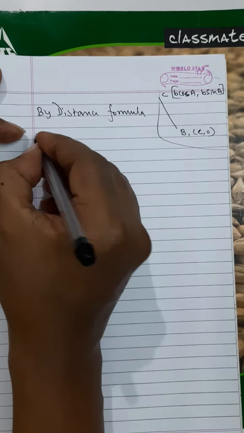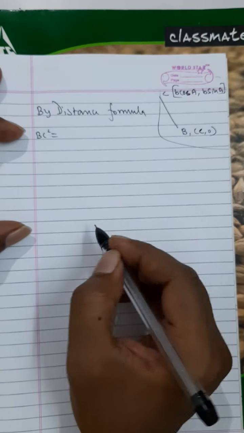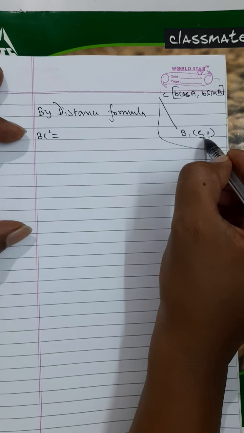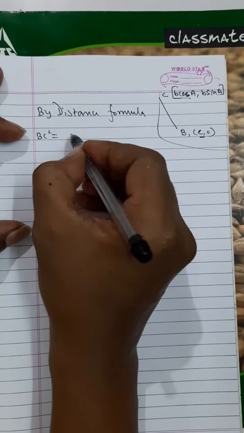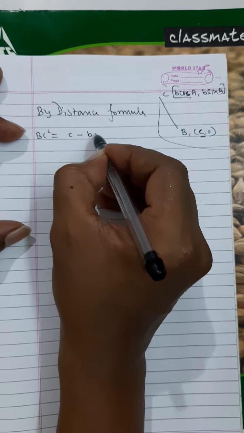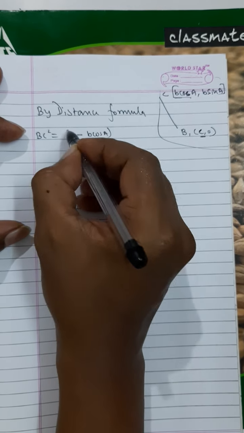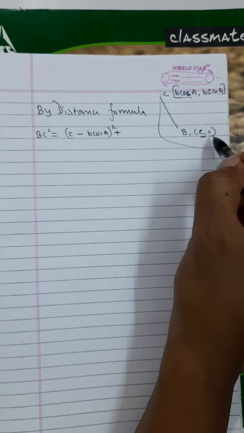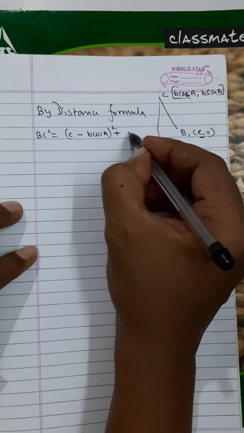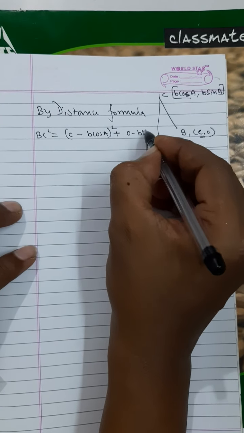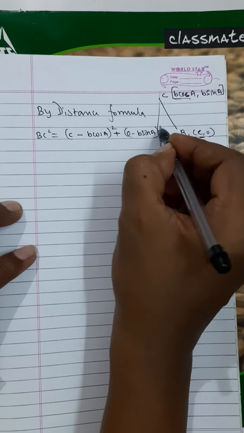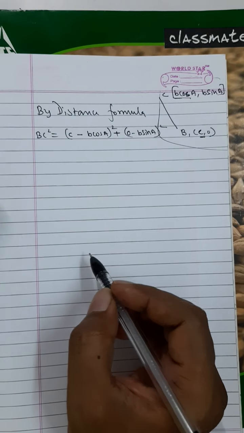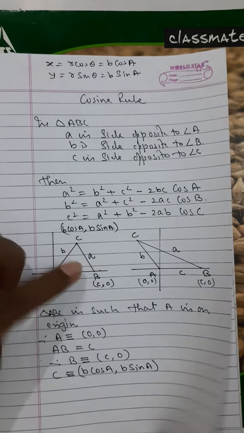So here BC square will be equal to (x1 minus x2) the whole square. So I take it as (c minus b cos A) the whole square plus (0 minus b sin A) the whole square. This will be the value of BC square, and BC is what? a square.